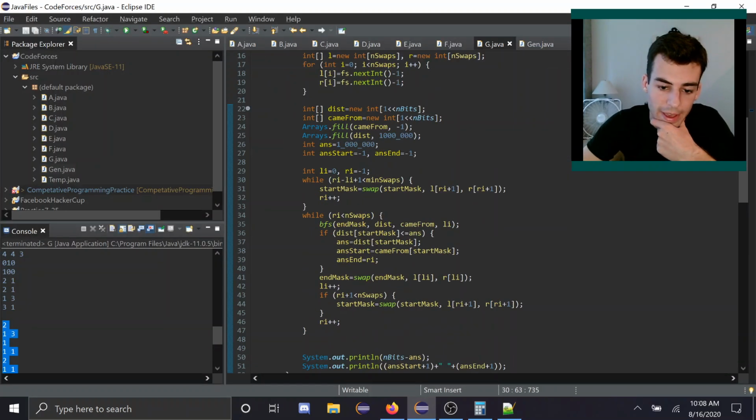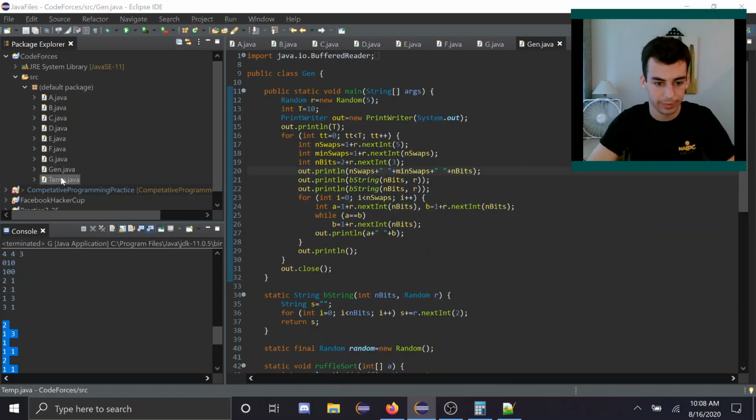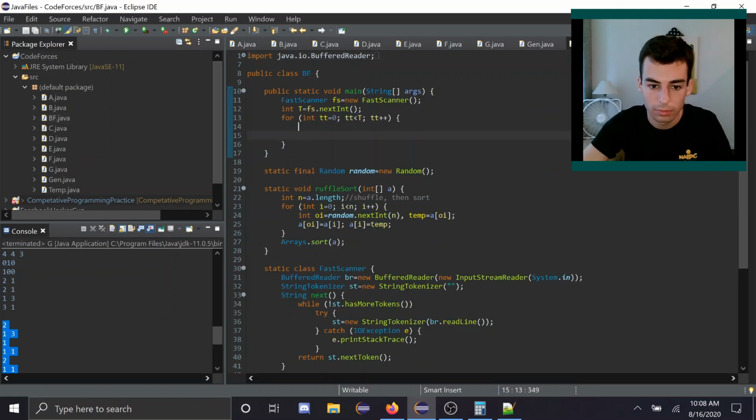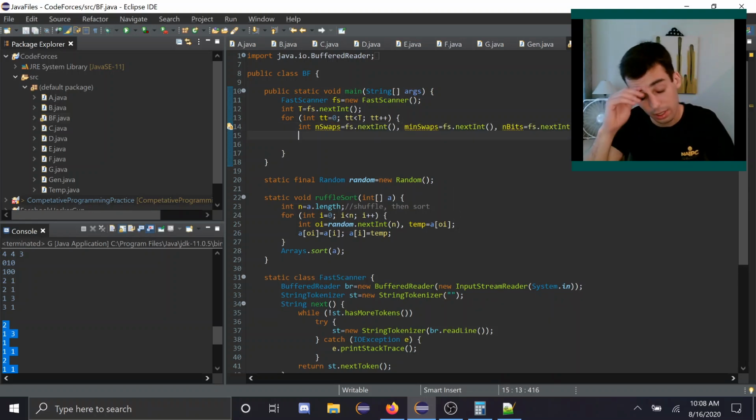Okay, so that's that. Now we need our brute forcer. N swaps equals this, and swaps equals this, and this equals this.